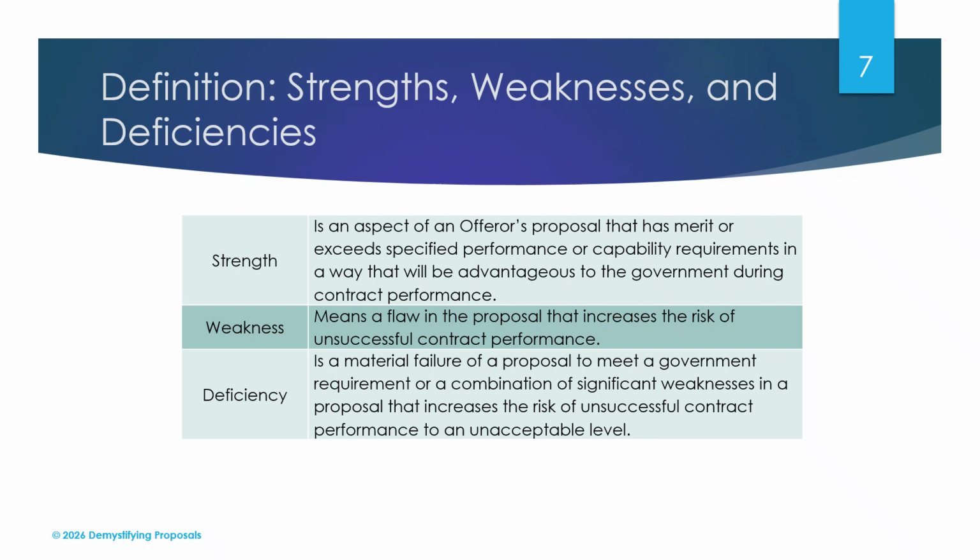Weaknesses means a flaw in the proposal that increases the risk of unsuccessful contract performance. A deficiency is a material failure of the proposal to meet a government requirement or a combination of significant weaknesses in a proposal that increases the risk of unsuccessful contract performance to an unacceptable level.